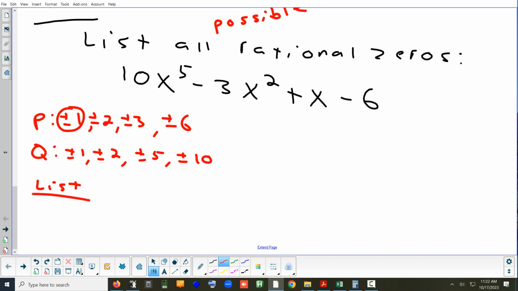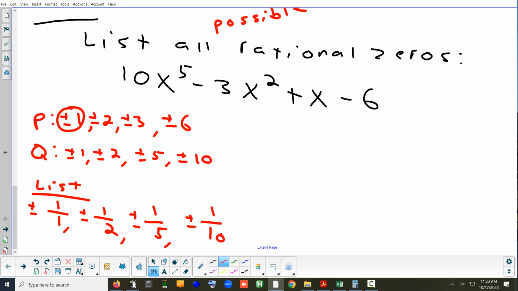We could have a 1 over 1, a 1 over 2, a 1 over 5, and the last one, a 1 over 10. And the negatives of all those as well. So those are 4 possible places that it could cross the x-axis at a fraction.